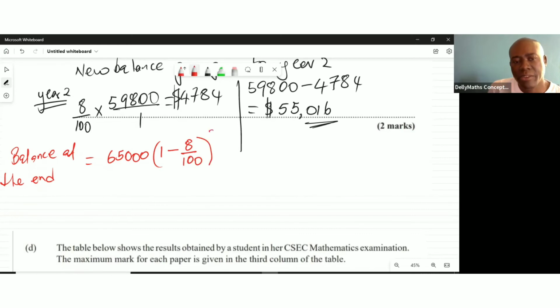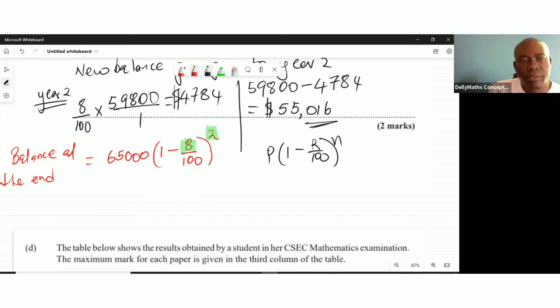And this is going to be raised to the second power because it's 2 years. And this is the 8 for the 8% that we're setting up. So this is the formula. The formula really reads P, open bracket 1, minus R over 100 raised to the N, where R refers to the rate percent, which is the 8%, and N refers to the years.